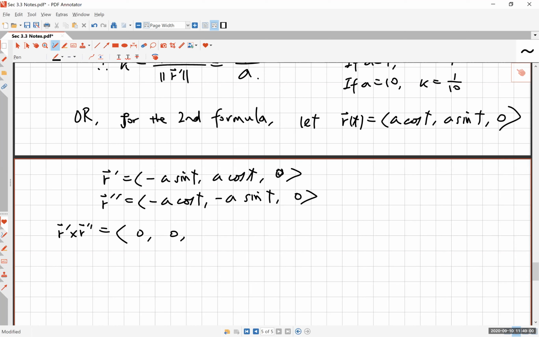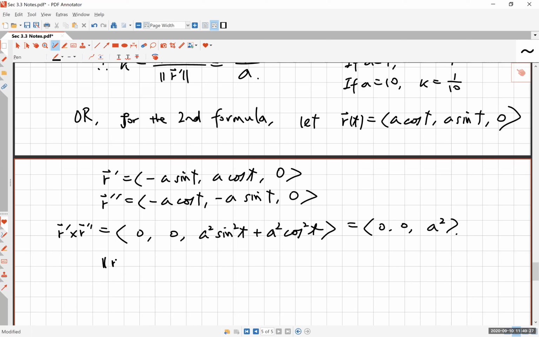Yeah, because of these two zeros, the first two components will be 0 and 0. The last component is the only one that matters. This is a squared sine squared t minus negative, that's going to change to plus, a squared cosine squared t, and of course that is 0, 0, a squared.